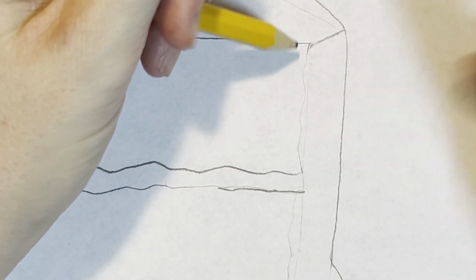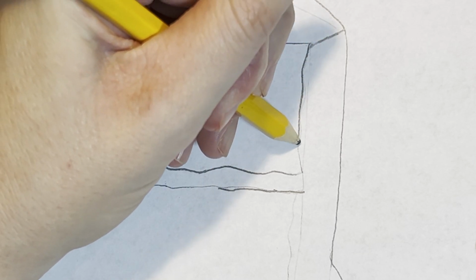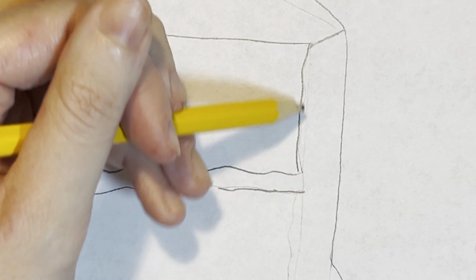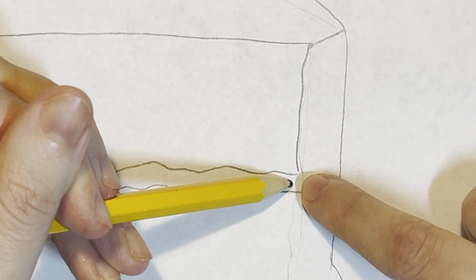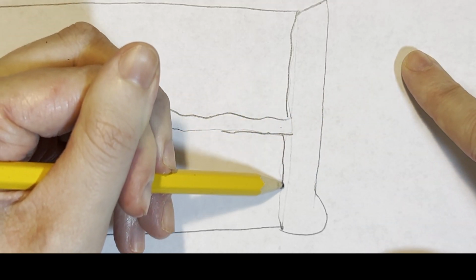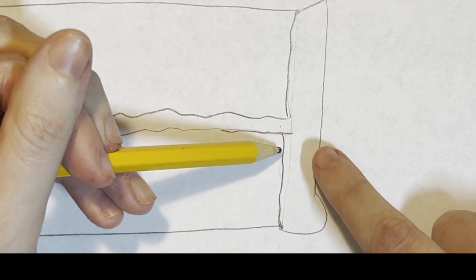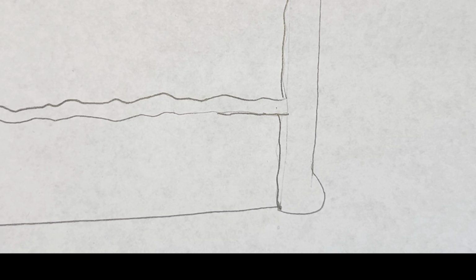I'm going to go into the cake and just make a line that has slight little waves and unevenness to it. Then skip a space and go down some more with a line that has a slight little wave to it.